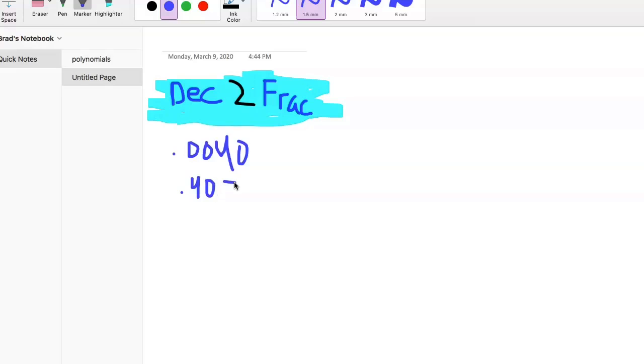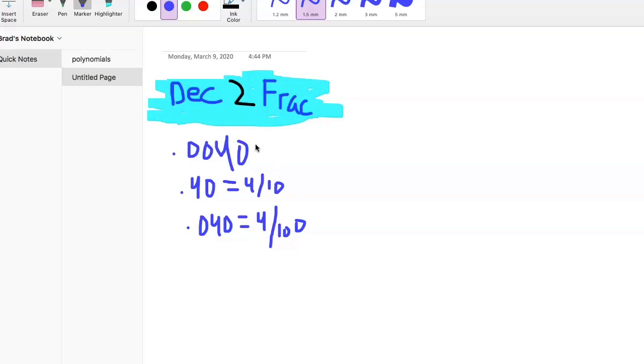Would we be comfortable with saying that's 4/10? Now what about 0.040? If 0.40 was 4/10, then 0.040 was 4 out of 100.